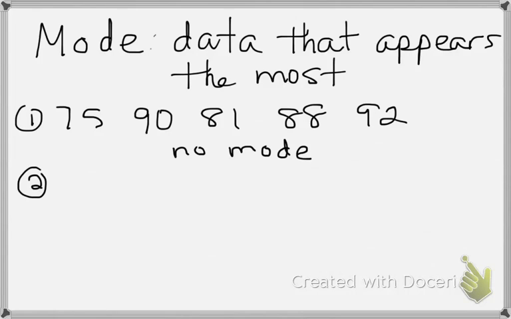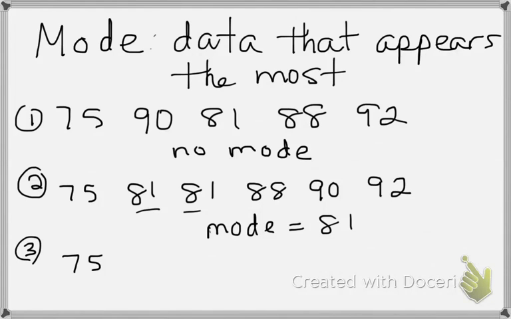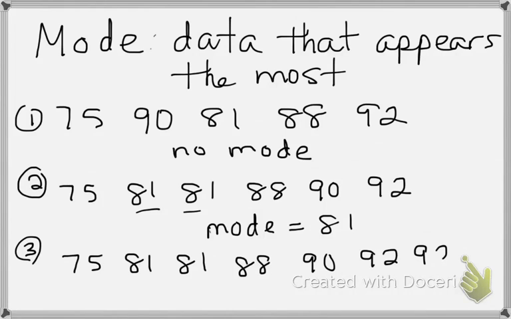Here's another example. Let's write down the 81 twice. Then 88, then 90, then 92. Aha! I see 2 81s. They appeared more than any other piece of data. So we'd write down mode equals 81. And here's a third kind. Write down 75, 81 twice, 88, 90, and then 2 92s.